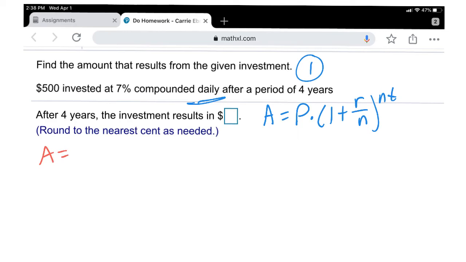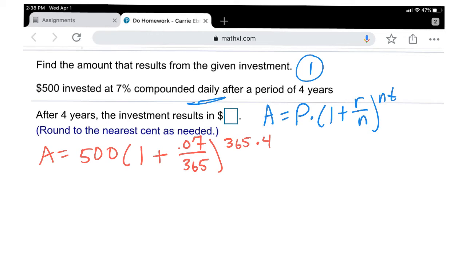So A equals, our principal is 5,000, and then 1 plus your interest rate divided by the number of times it compounds. So if it's daily, that's 365 days a year. Raised to the NT, so raised to the 365 times 4, because it's 4 years.